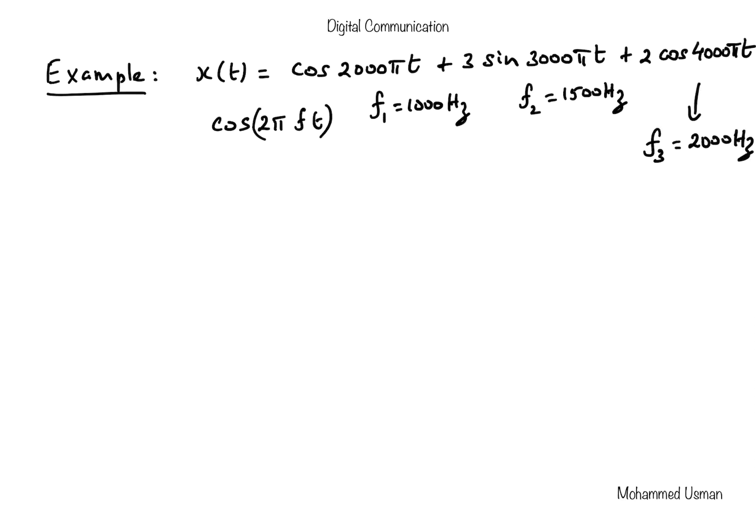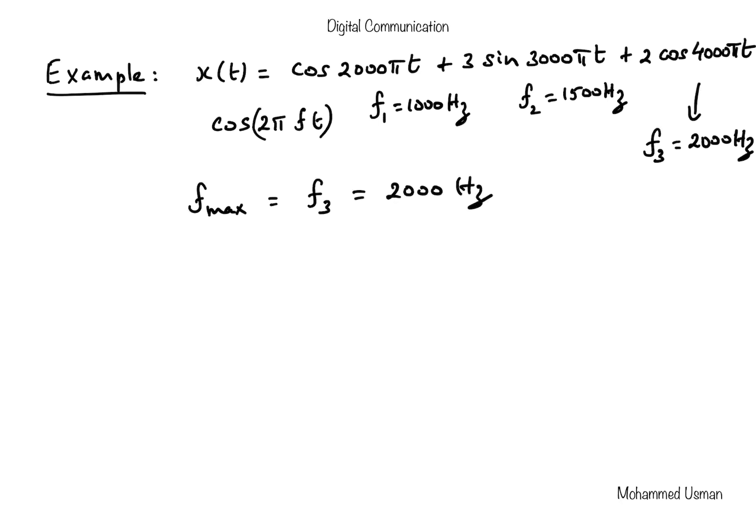So this signal x of t comprises 3 frequency components, which we have called f1, f2, and f3, and the maximum frequency obviously is the component f3, which is 2000 hertz. So f max in this case is equal to f3, which is 2000 hertz.